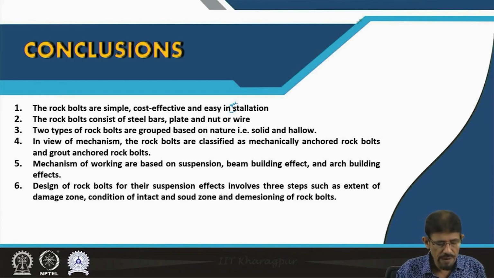Then based on the mechanism, we have mechanically anchored rock bolt and grout anchored rock bolt. The mechanism of working is based on suspension, beam and arch building effect. And the design of rock bolts for their suspension effect involves three steps: identification of the extent of damage zone, then the condition of the host zone, and the strength of bolt as well as the pattern of bolt.